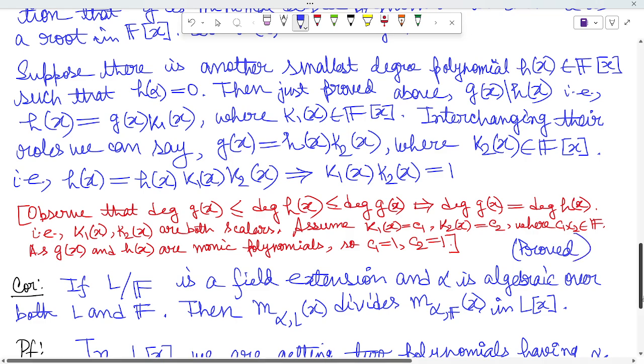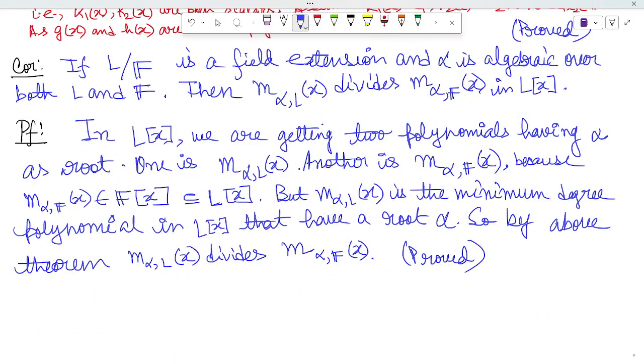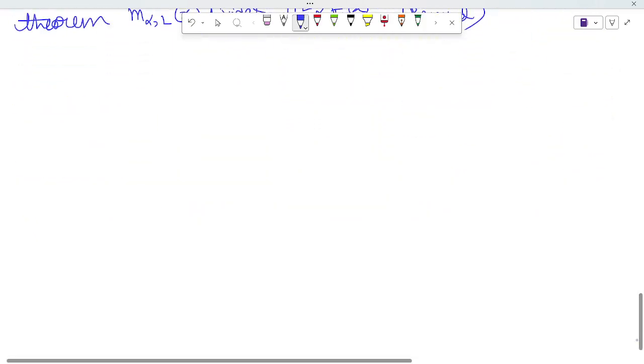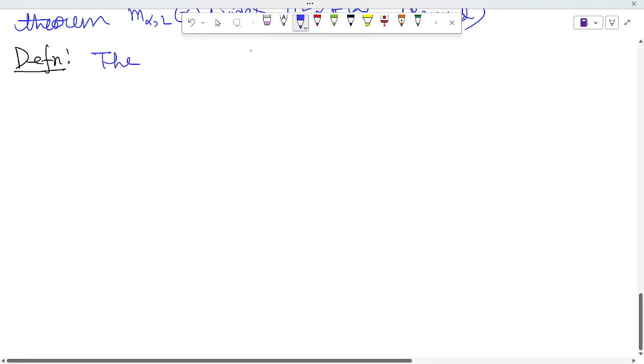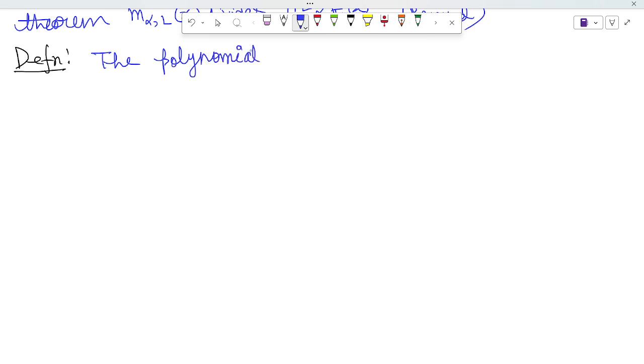Okay, you understand, I think. So I am now formally defining what a minimal polynomial is. The polynomial, because it is unique, we have proved.